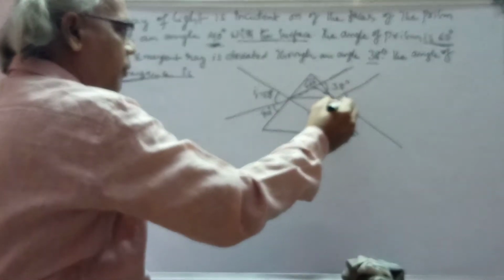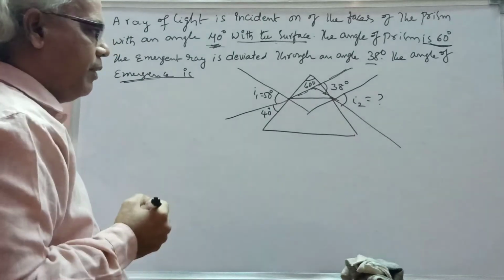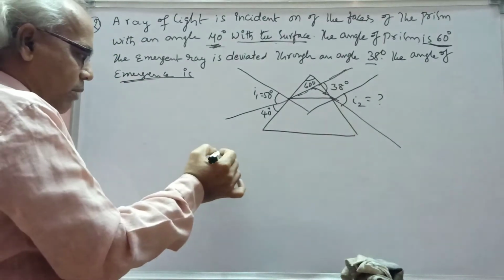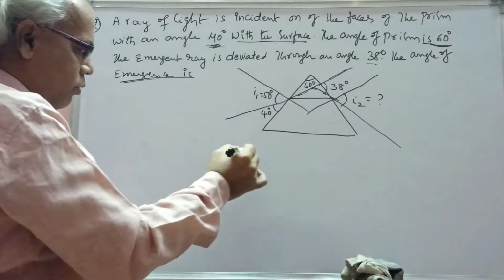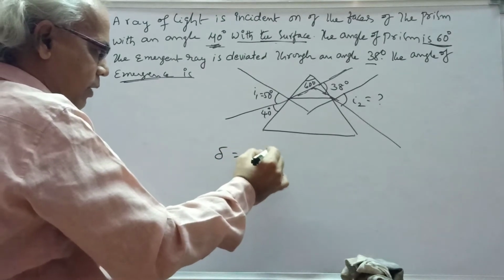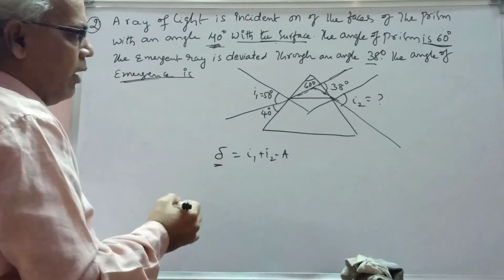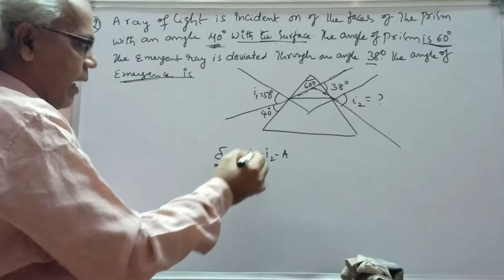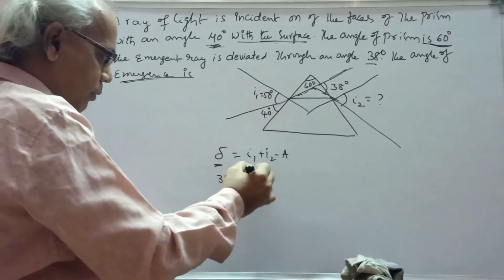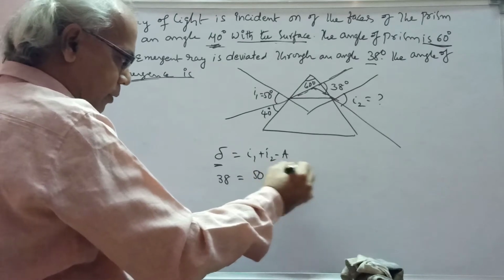We know the formula: angle of deviation delta is equal to I1 plus I2 minus A. The angle of deviation is given as 38 degree, and the angle of incidence is 50 degree, plus I2 minus 60.